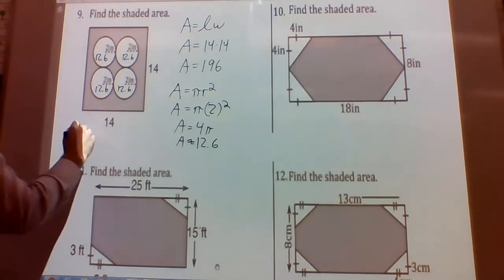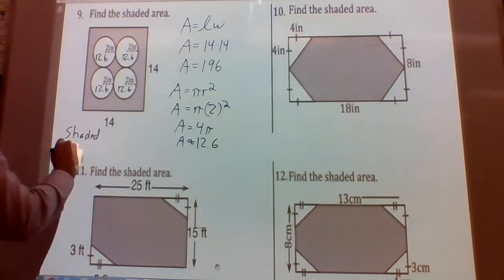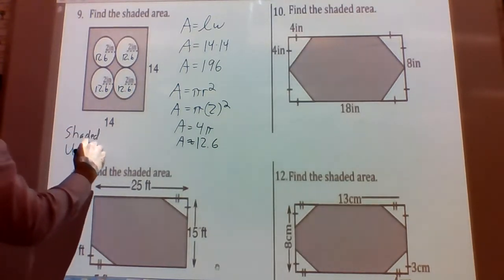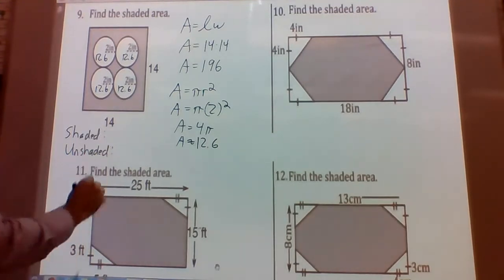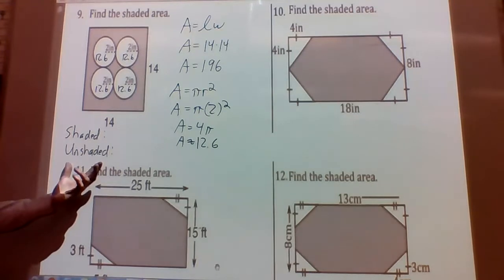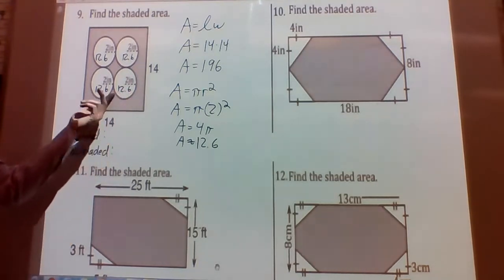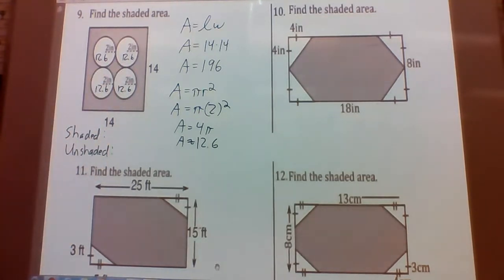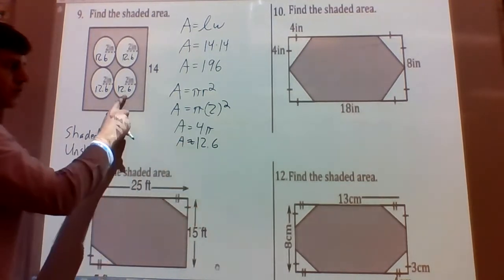We want to find the shaded and unshaded areas. To find the unshaded area, we would have to take these 12.6s and add them together. So how many circles do we have? The area of one circle is 12.6.